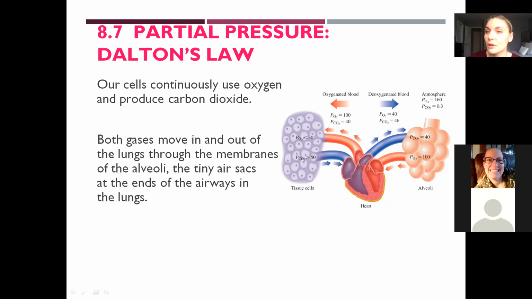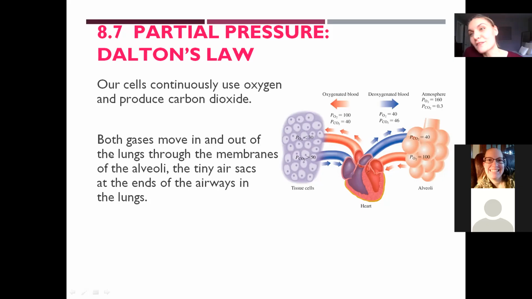So in oxygenated blood, we have a partial pressure of oxygen that's about 100. Our partial pressure of carbon dioxide is about 40. That should make sense because we're going to be dropping off oxygen to our tissues. In deoxygenated blood, we have little oxygen, it's poorly oxygenated, and we have high volumes of CO2.